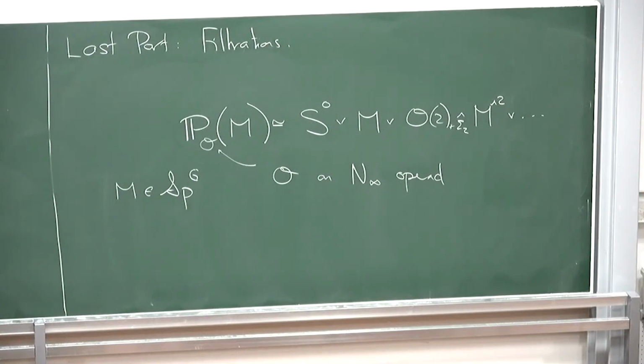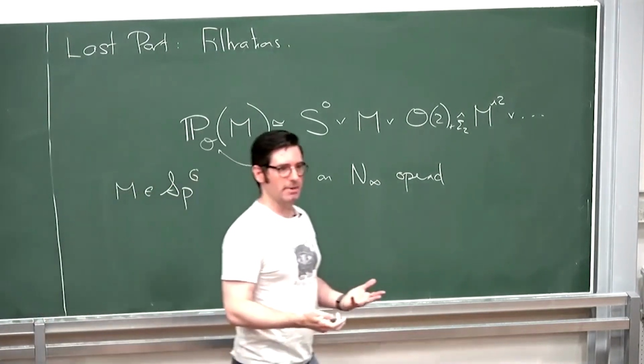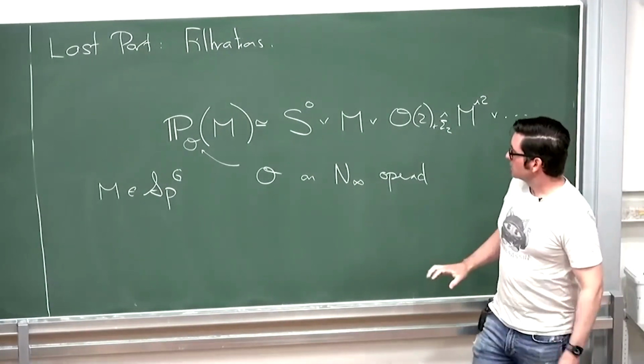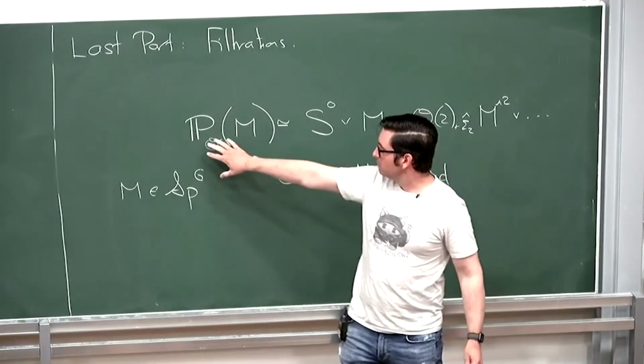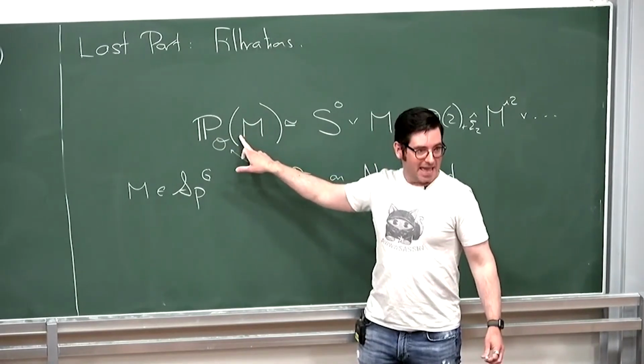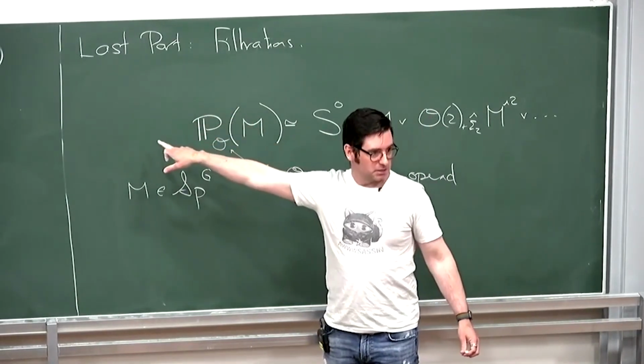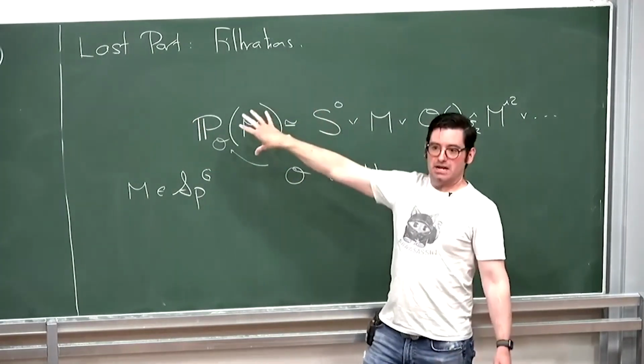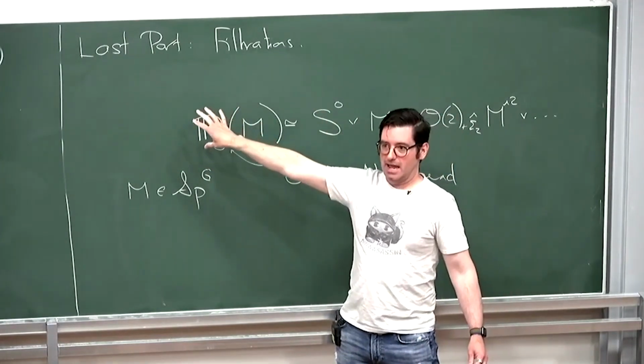Now, when I'm doing this, I start to run into questions, and this is tied into the stability stuff that Ayelet was talking about. I might want to understand what's the connectivity of this, or what happens as I suspend M and then take loops, which has the effect of just shifting this back down in algebra.